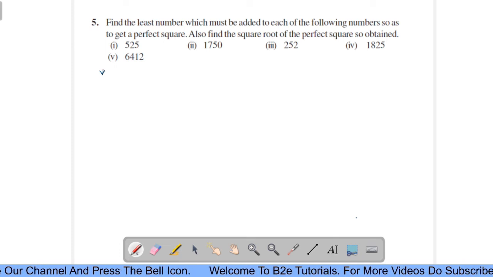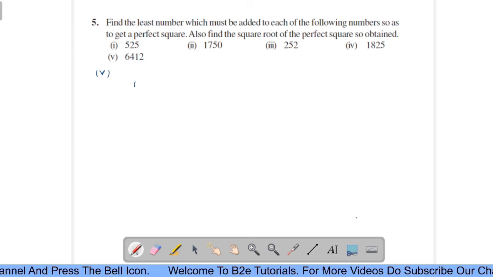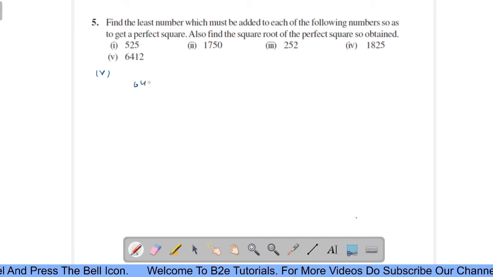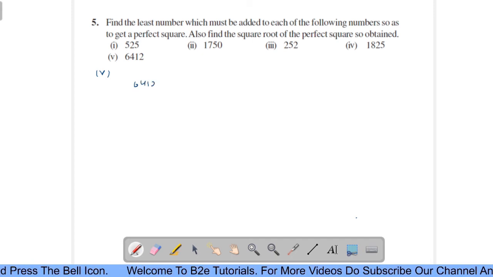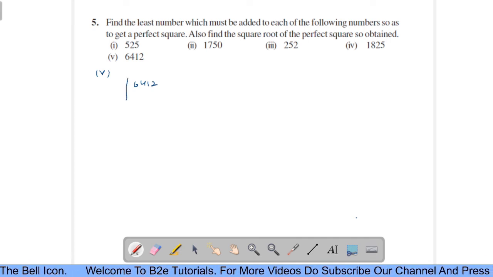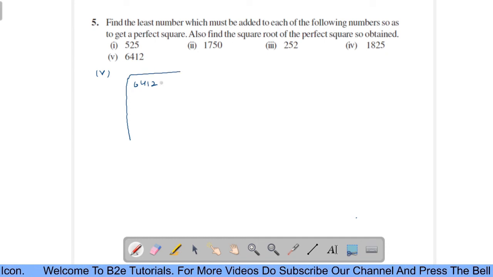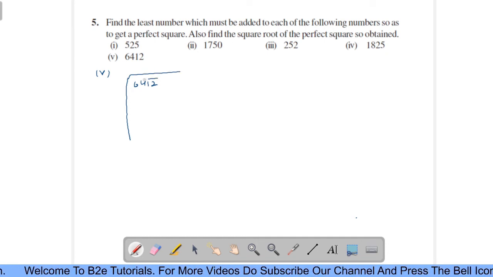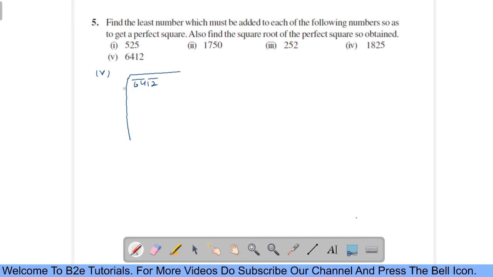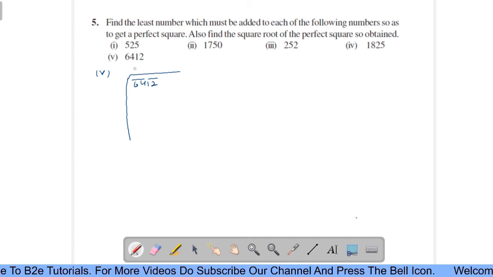Come to fifth part. It is 6412. Now find out square root by long division method. Make pairs from right hand side. How many times it will go? 8 times.